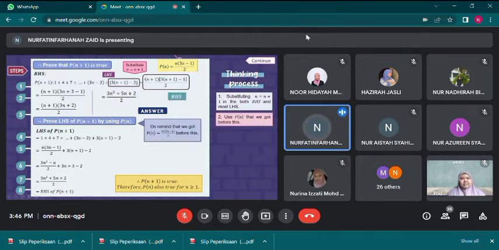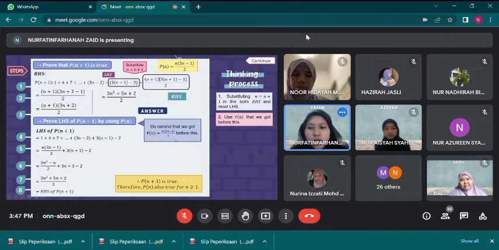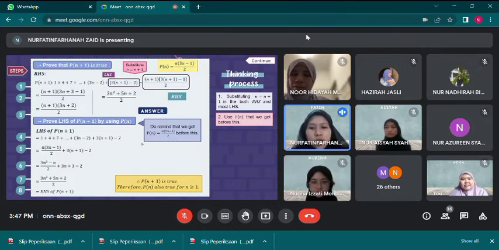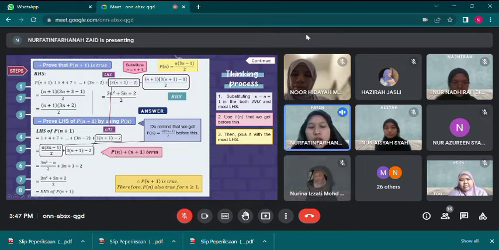For the last step, step 4, we have to prove the left hand side of Pn plus 1 by using Pn. Do remind that we already got Pn equal to n(3n minus 1)/2 before this, in step 2. Then we have to calculate using this formula, Pn plus the n plus 1 term.